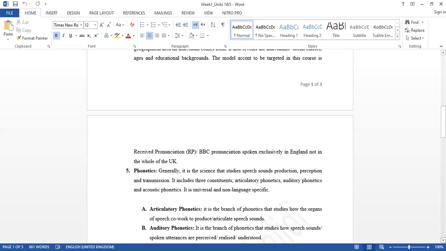because it is used in pronunciation dictionaries like Oxford Dictionary, Cambridge Dictionary, Longman Dictionary. We have Collins Dictionary. It is also used by most teachers of English as a foreign language all over the world. So it is a very well known accent, and it is also used by the newsreaders and broadcasting channels like BBC.